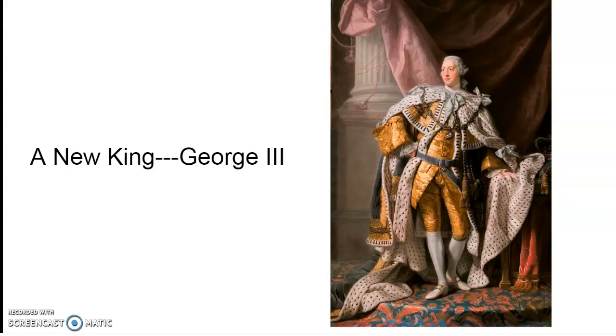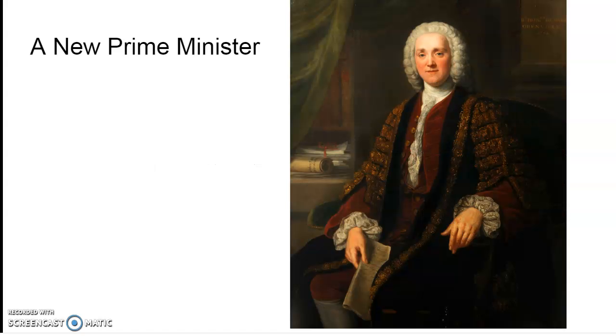Because remember, the colonies, before this new trend of mercantilism, were used to being independent and doing their own thing. There's also a new prime minister who's going to cause some problems, and his name is George Grenville. And George Grenville and George III determined that they're going to bring the colonies into subjection.